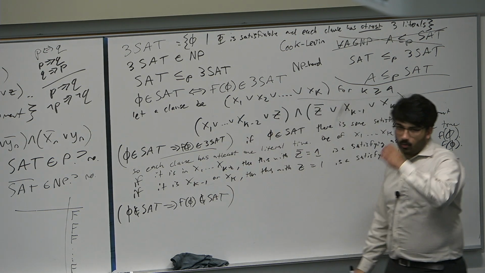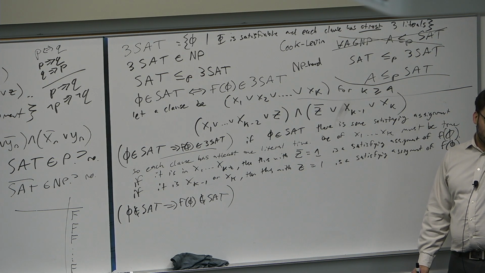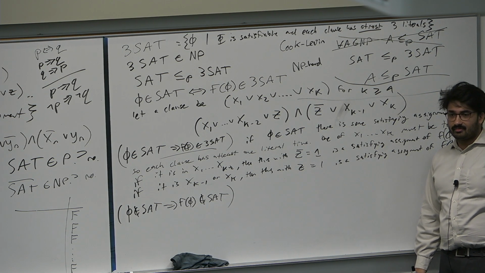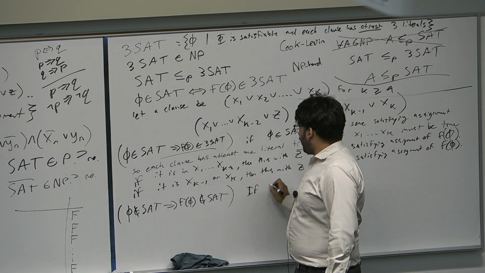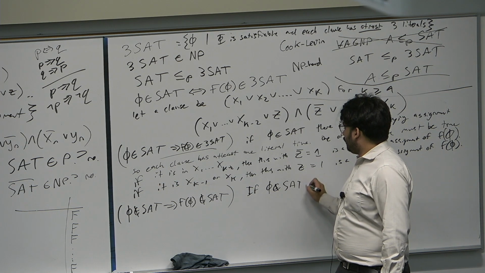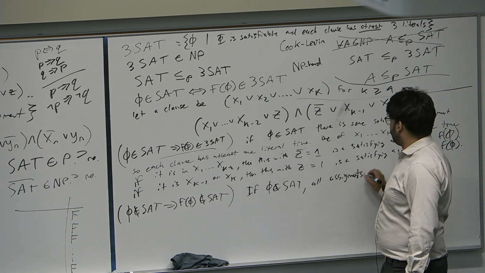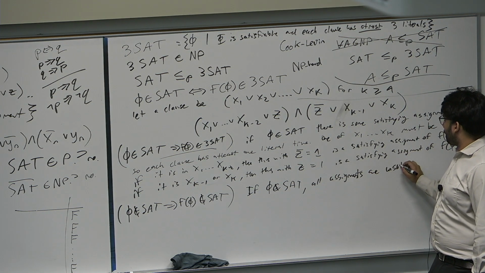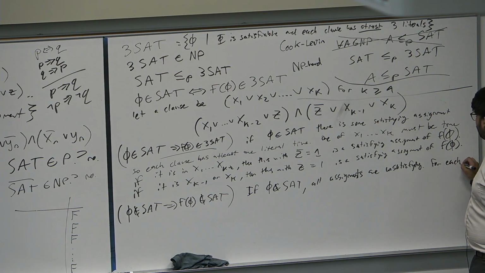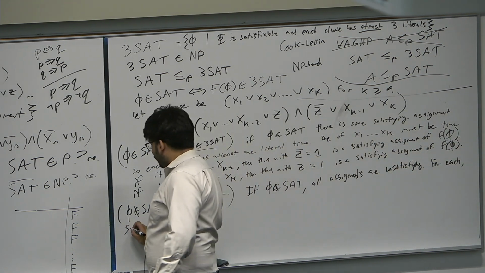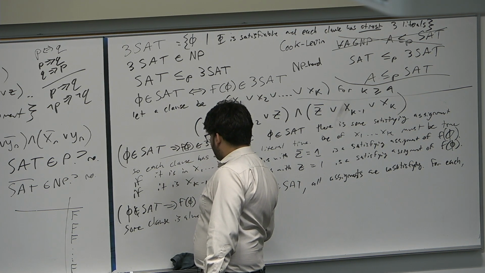If phi is not satisfiable, what do we know about all satisfying assignments to phi? If phi is unsatisfiable, all assignments are unsatisfying, so for each assignment some clause is always false.